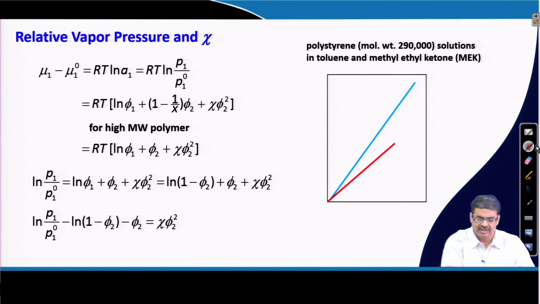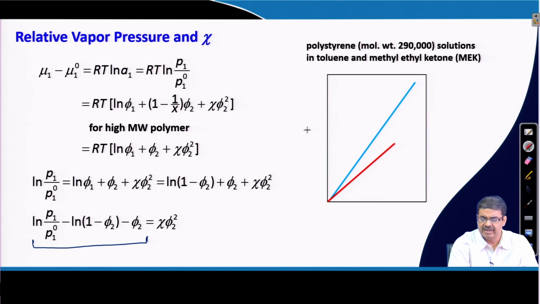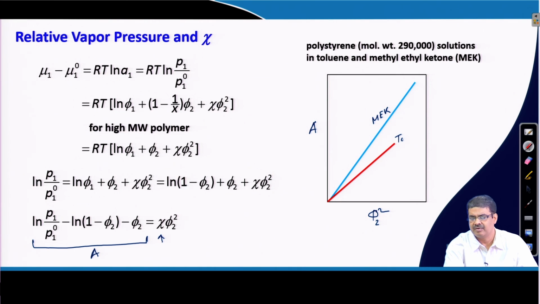If we plot this term on the y axis, say this is A, and this term on the x axis, then the slope will be given by the polymer solvent interaction parameter. This is for methyl ethyl ketone and this is for toluene in this particular example.